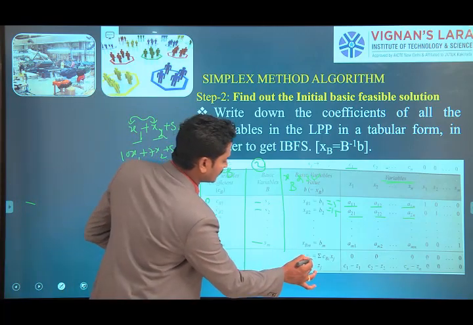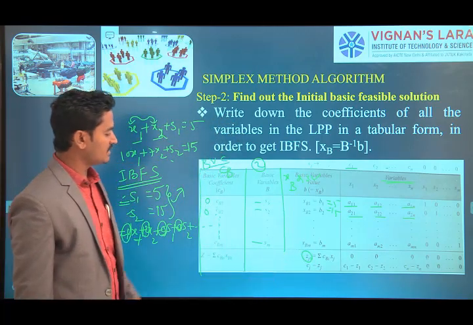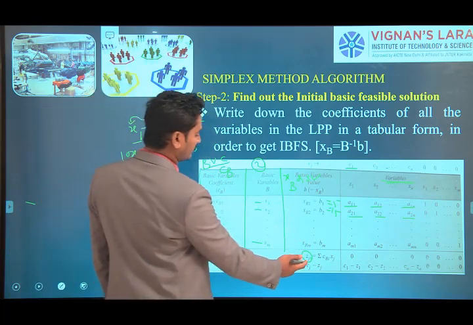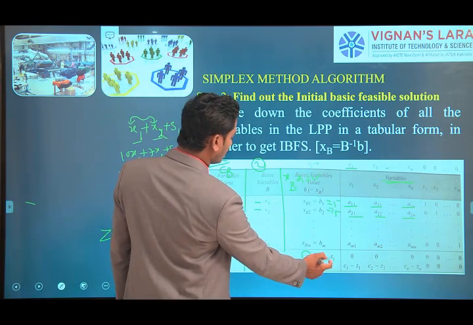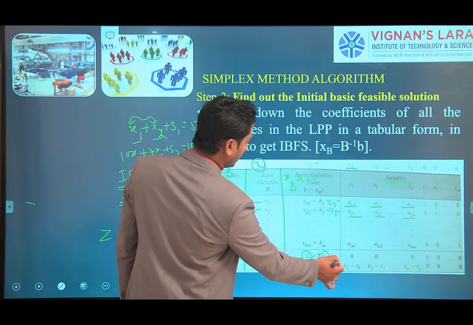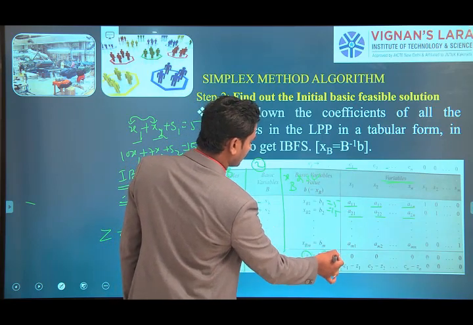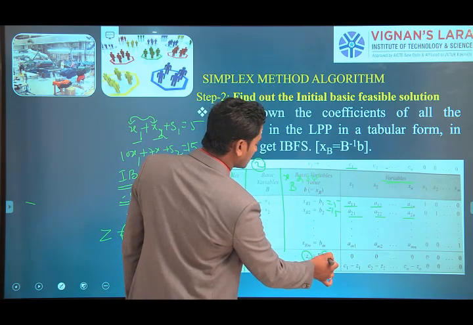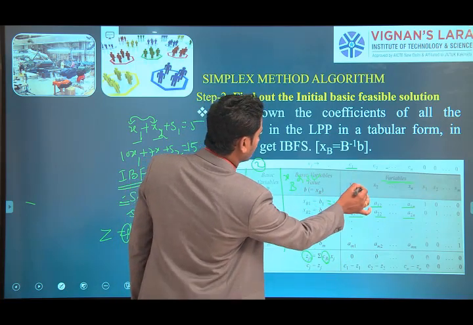From this, we take the ZJ value. How do we take the ZJ value? The ZJ value is the summation of the basic variable coefficient times the variable value.